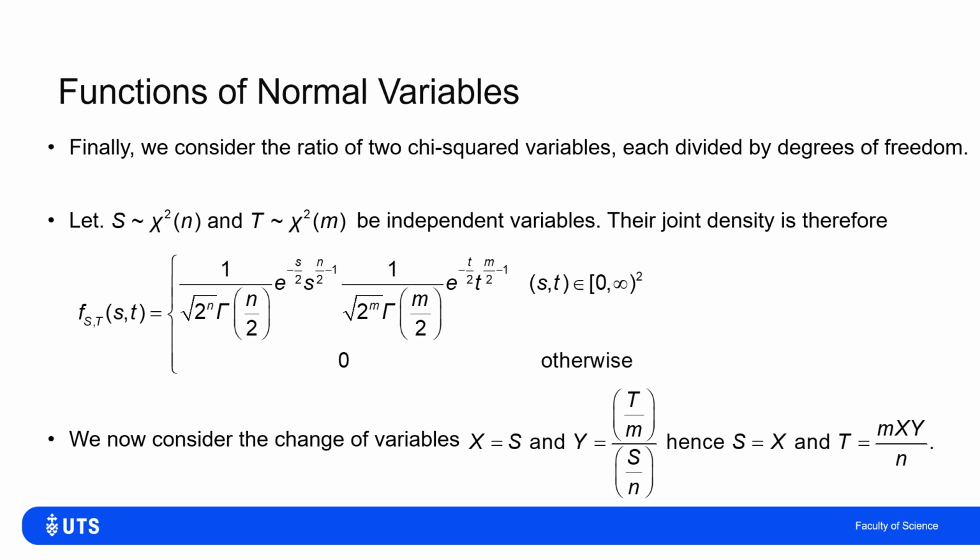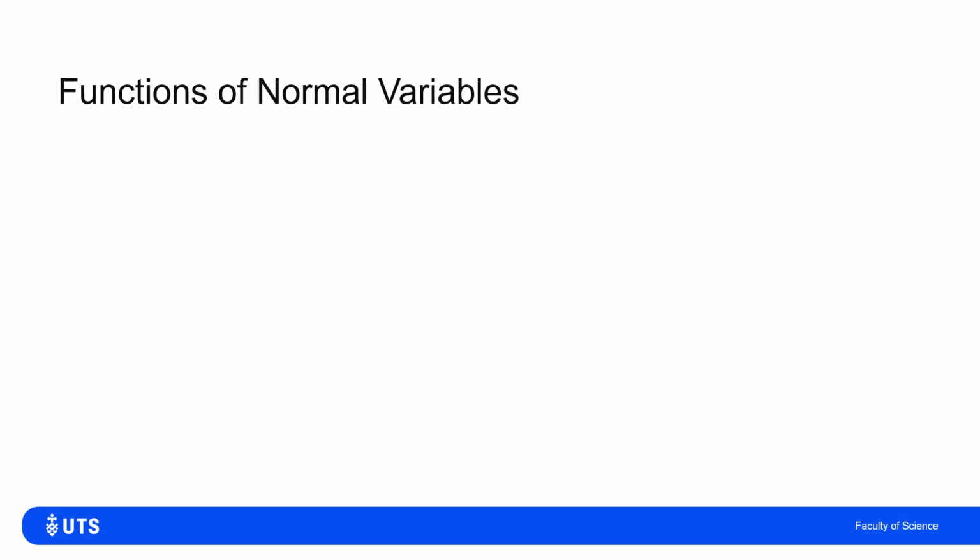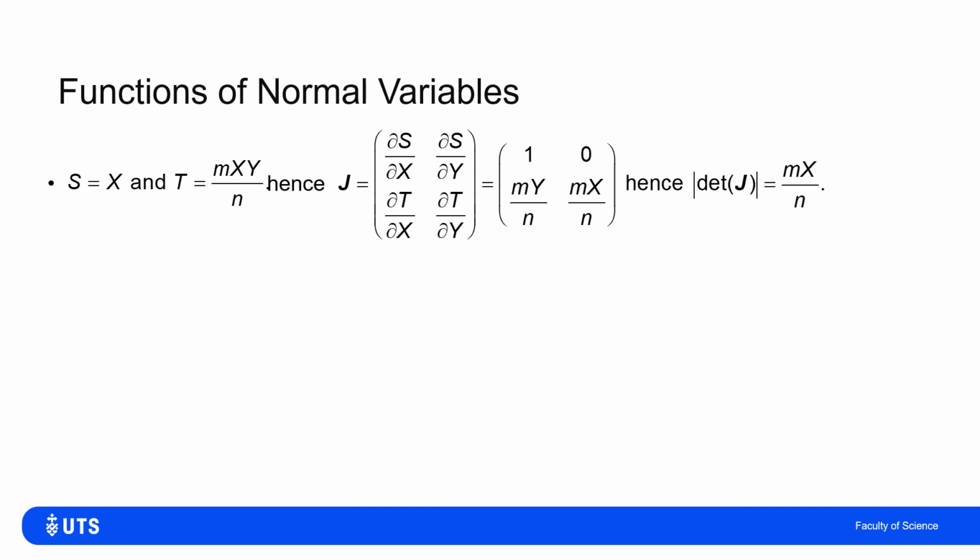If I rearrange those, I get that s is x, I think that one's obvious, and t is m over n times xy. If we work out the Jacobian associated with those changes of variables, the determinant of this Jacobian is mx over n.